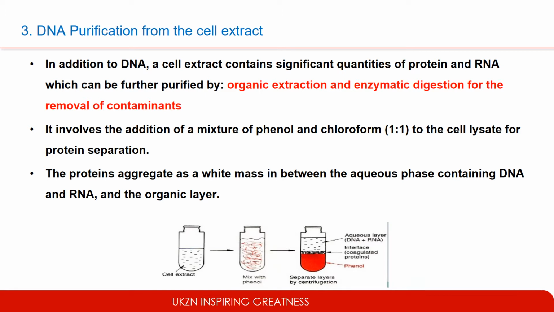When phenol and chloroform are added to this DNA extract, the DNA floats to the top after centrifugation, and the middle mass includes all the cellular debris, and the phenol and the chloroform remain at the bottom. So this is quite a nice way of separating the different components that are present in the cell.